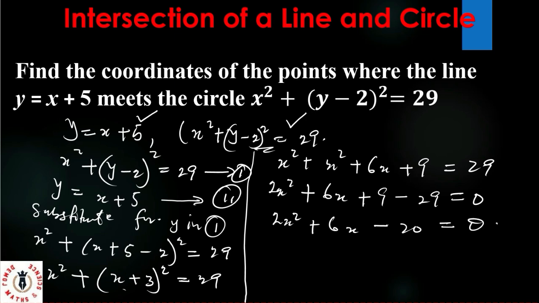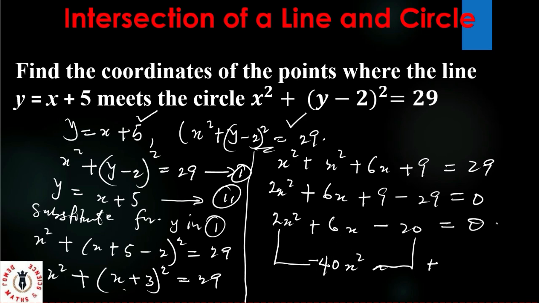Now I'm left to solve this as a quadratic equation. I can use the factorization method. In case you missed our lessons on quadratic equations, please don't hesitate to check the description below. We'll place a link to that lesson. Now we multiply these two together to have minus 40x squared. What are the factors of minus 40x squared, because we have 2x squared and we have minus 20, such that when I sum them together, I'll have 6x?